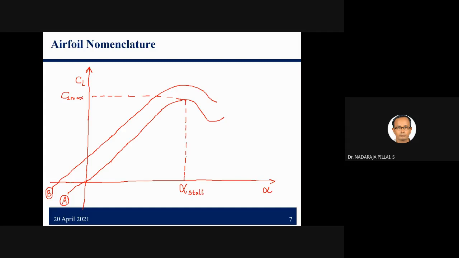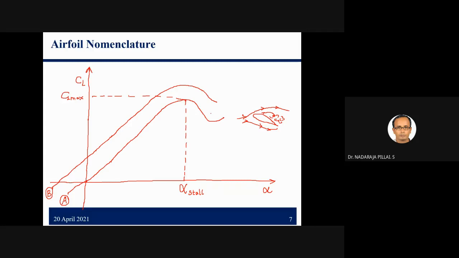right? So what is really happening at the stalling? You have the airfoil at a particular angle of attack where flow separation occurs, right? And it creates enough wake, and since there is flow separation, the lift starts decreasing, right?